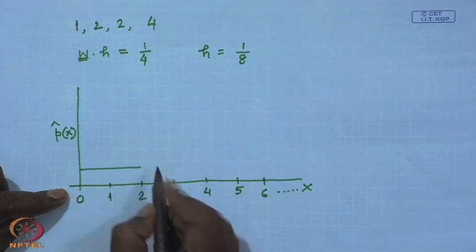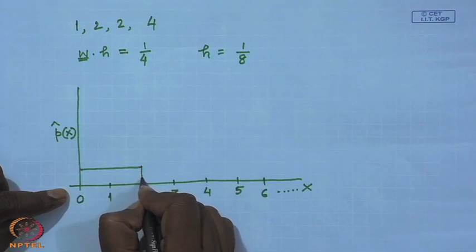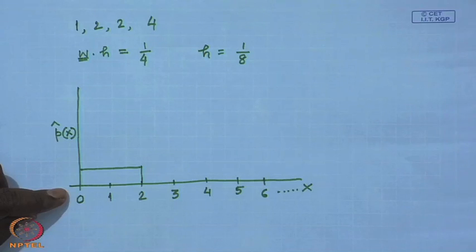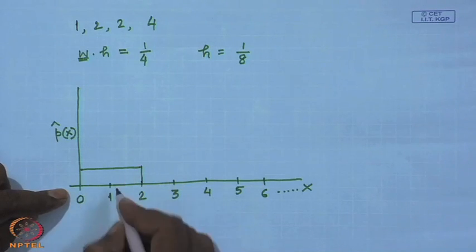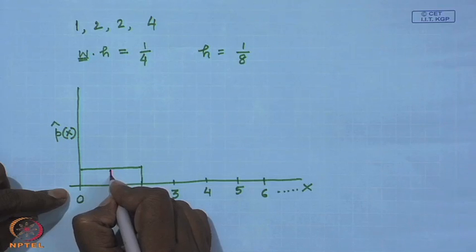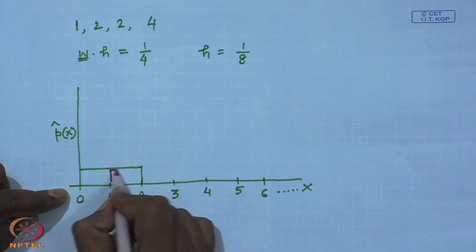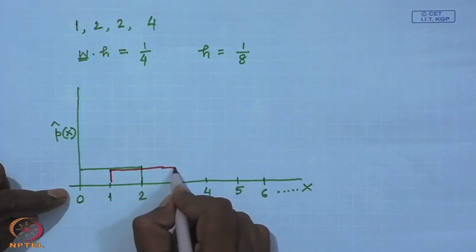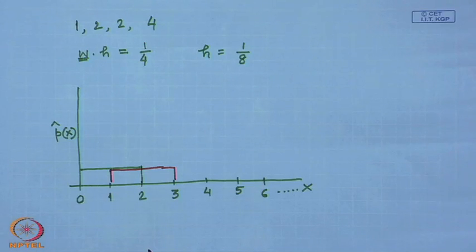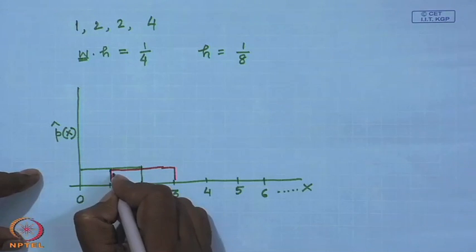So, this window will span from x equal to 0 to x equal to 2. I place two windows of same height and same width at location 2. So, I will have one window spanning from x equal to 1 to x equal to 3 because width is 2. So, this is one window and this is another window.